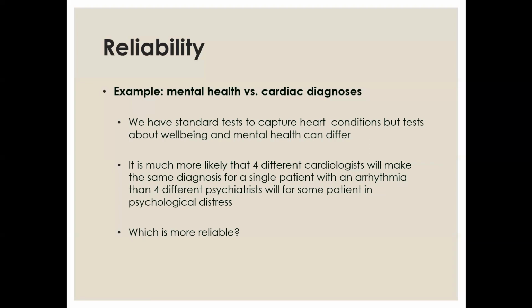Thus, we have things like the DSM and other statistical manuals that help people code. If you have these symptoms plus this symptom, then you have this outcome or this condition, right? So you have to think that tests that are really structured, with clear instructions, and survey questions that are non-ambiguous, are the most reliable.